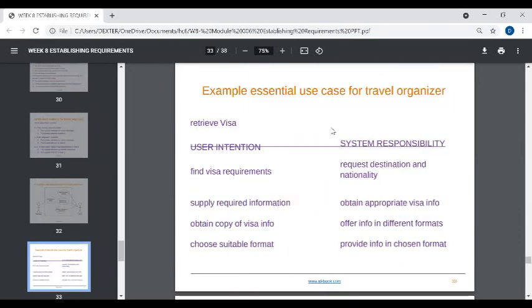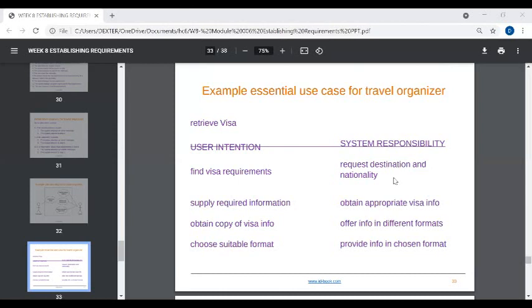The next one is an example of an essential use case. Okay, so a use case may be described graphically, like that shown in our figure 10.11, with the stick men. Right? The use case diagram for the travel organizer, the one from earlier.